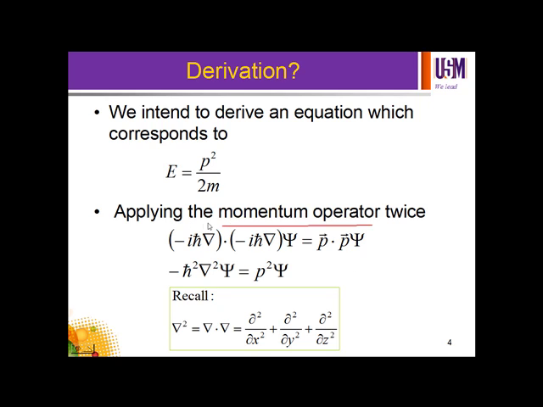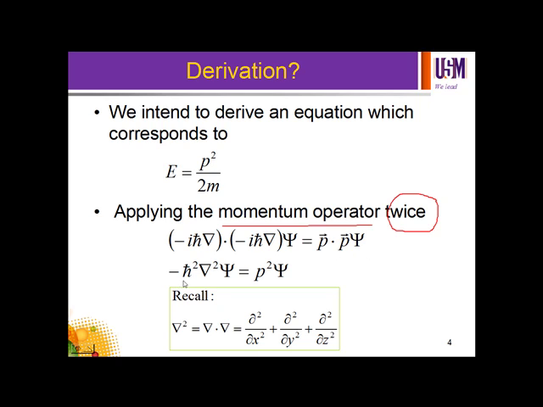But now if we apply it twice, basically we multiply it. On the left hand side, we have negative i h bar nabla, or del, multiplied by itself, multiplied by psi, equal to the dot product of momentum multiplied by psi.